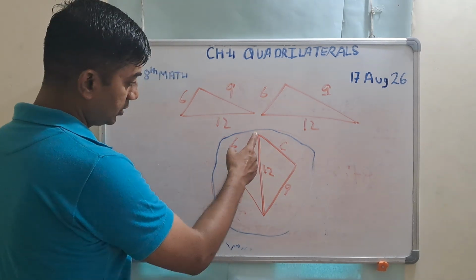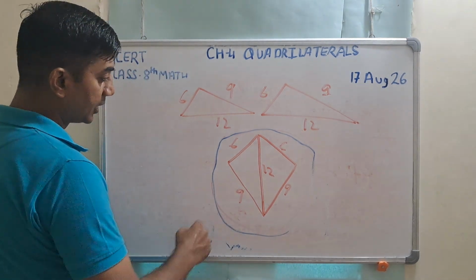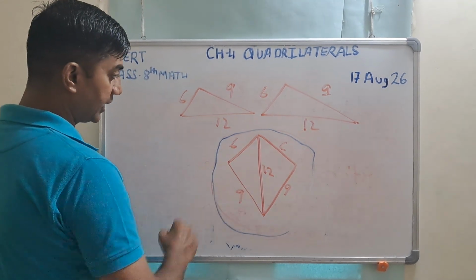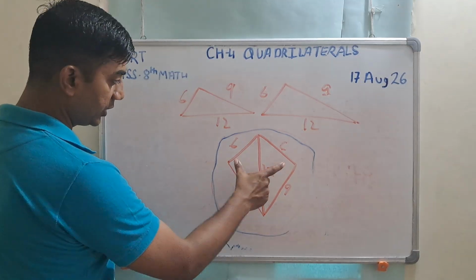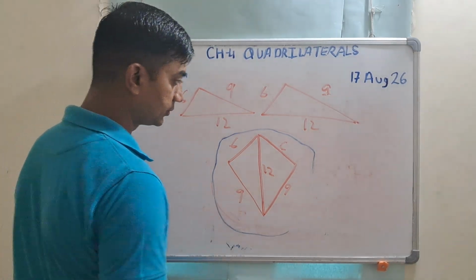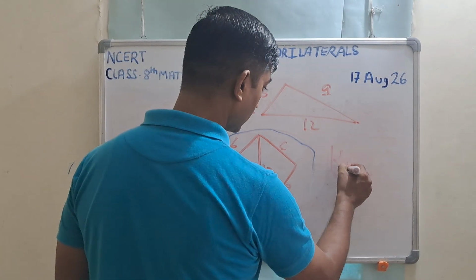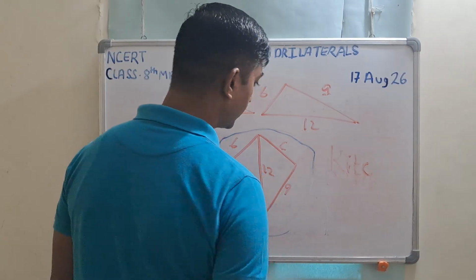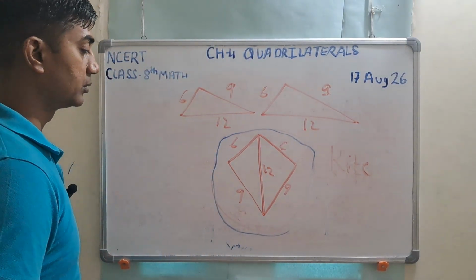We see that when this figure is joined, these two sides are equal and these two sides are equal, and this figure is a kite. Understood?